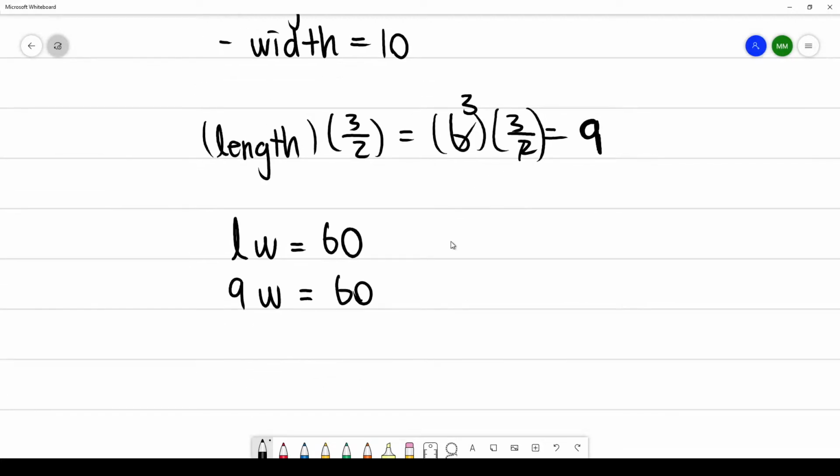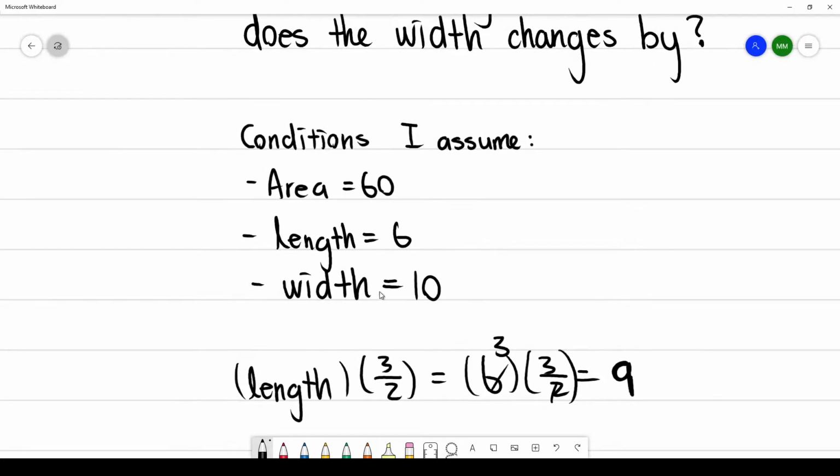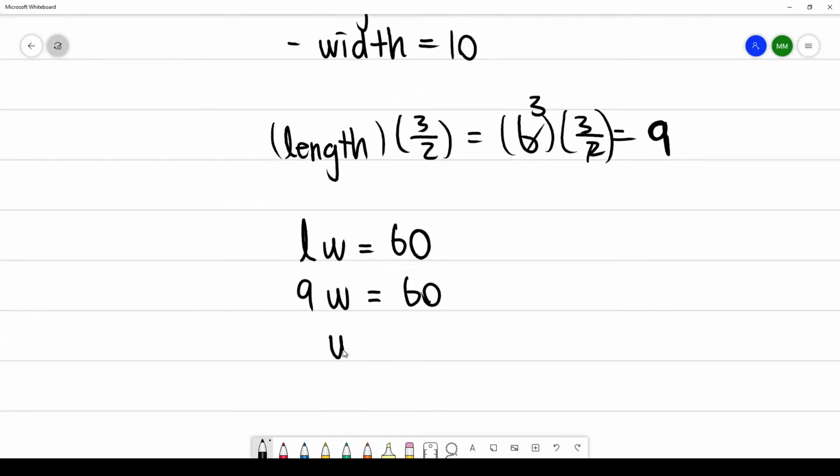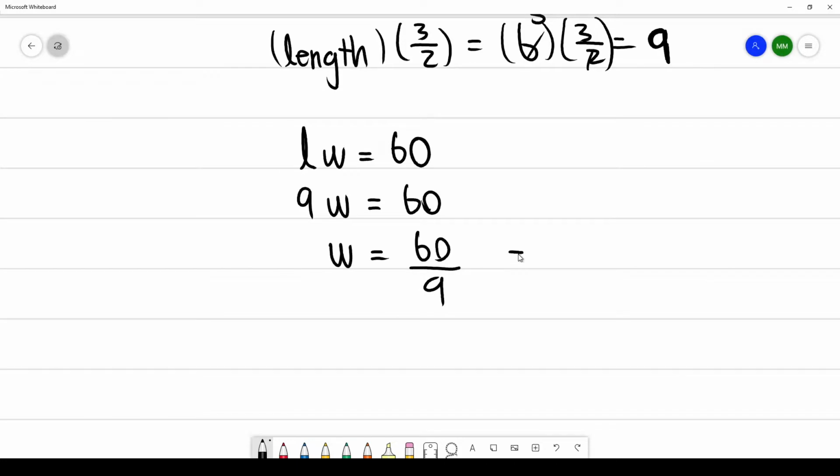Given these assumptions, we find that W is equal to 60/9, or since I can simplify it, divide the top and bottom by 3, 20/3.